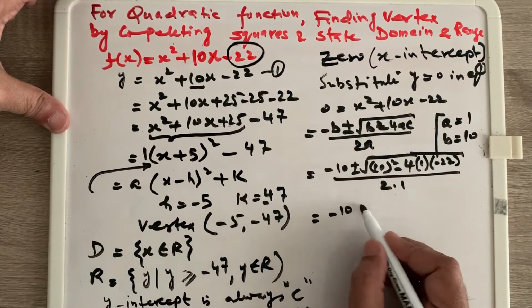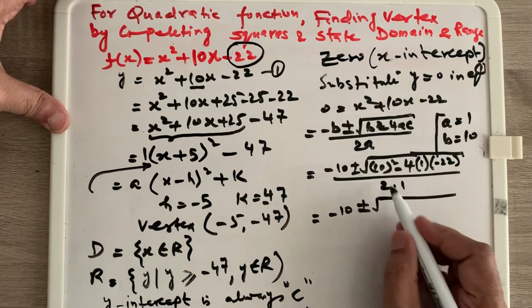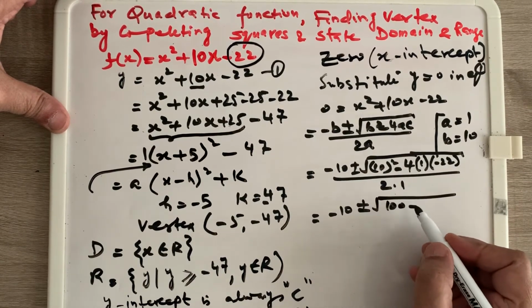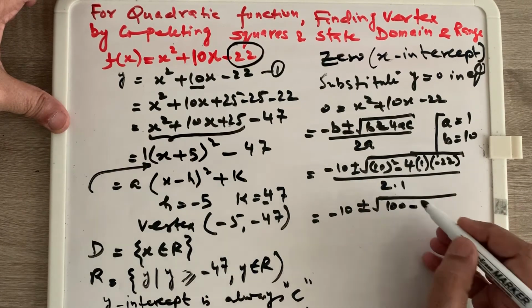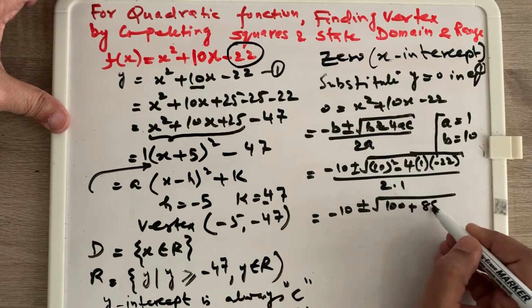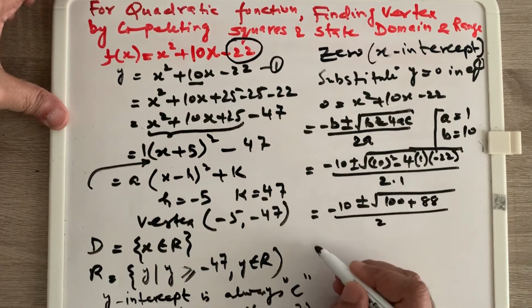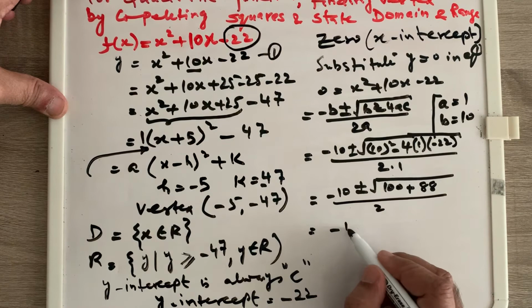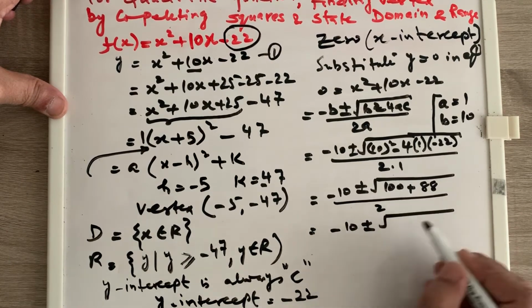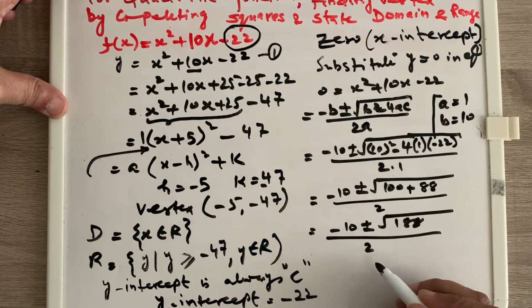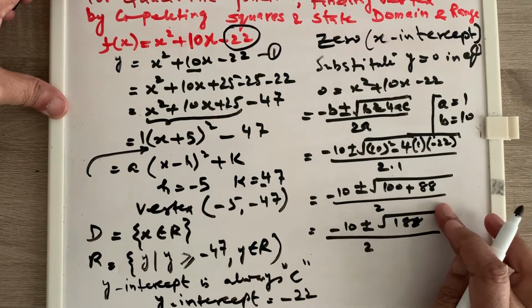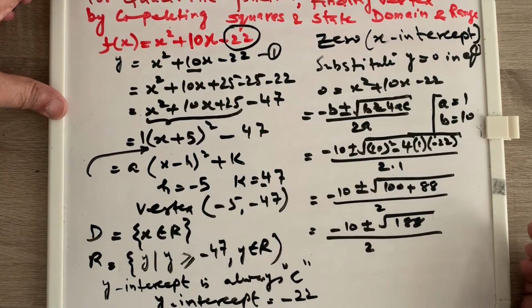So minus 10 plus minus under the root 10 square is 100 minus, what we have here is 4 times 22, so the minus becomes plus, and it becomes 88, right? Divided by 2. So I can rewrite it as minus 10 plus minus under the root 188, divided by 2. We can find the root of 188 from the calculator, and it is 13.71.